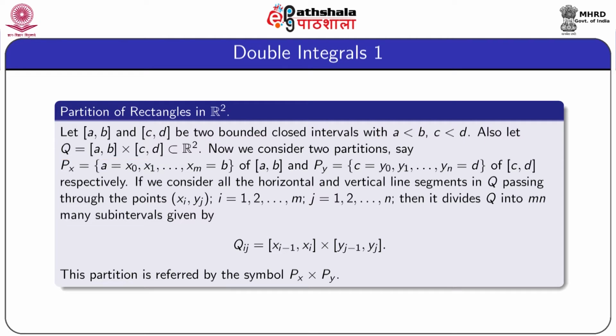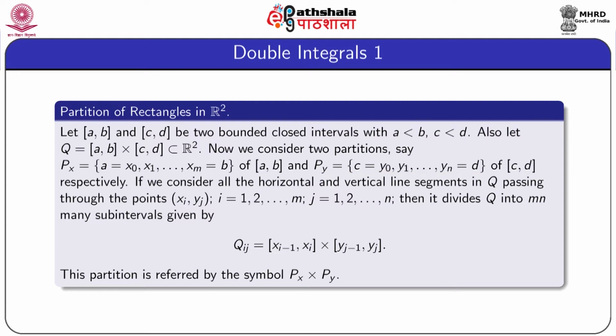Now we consider two partitions, say Px, a equal to x0, x1, up to xm equal to b, of [a,b], and Py, which is c equal to y0, y1, up to yn equal to d, of [c,d] respectively.